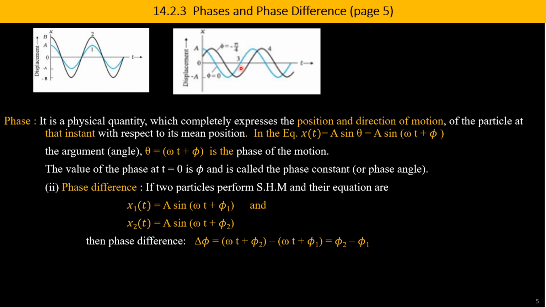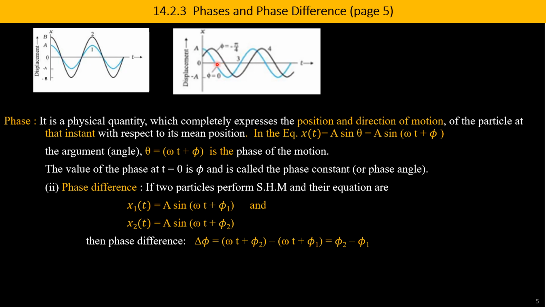The curves 3 and 4, 3 that is blue colored and 4, are for phi equal to 0 and minus pi by 4 respectively. For the blue colored line, phi equals 0, and for the black colored it is pi by 4, because you see here at 0 the maximum is capital A for the blue line, whereas this is less than A. That is why it is lagging by pi by 4.